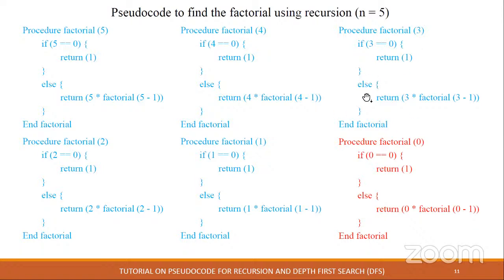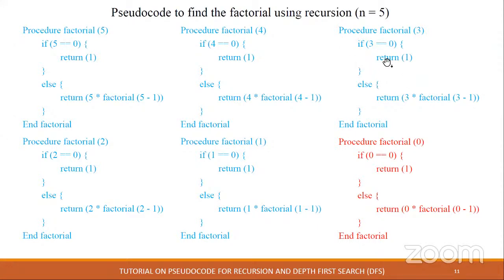Sir, in case of this pseudocode, if a negative number is inputted, will it return an error, or will it never end? It will never end. As per this pseudocode, it will never end, because it will continue to do -1, -1, -1. It will never go into the base condition.